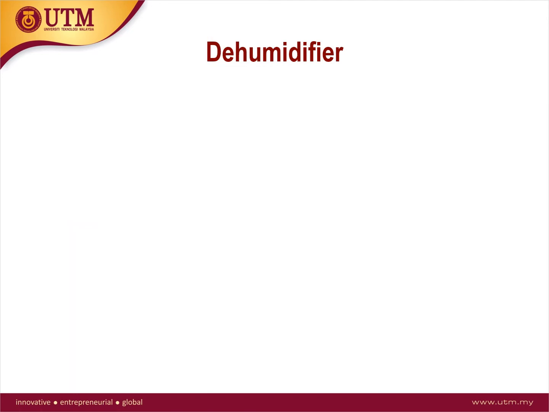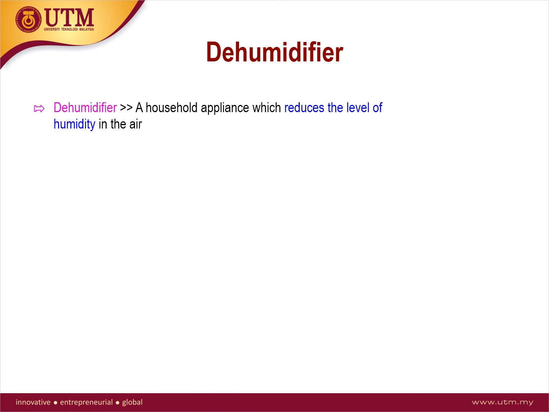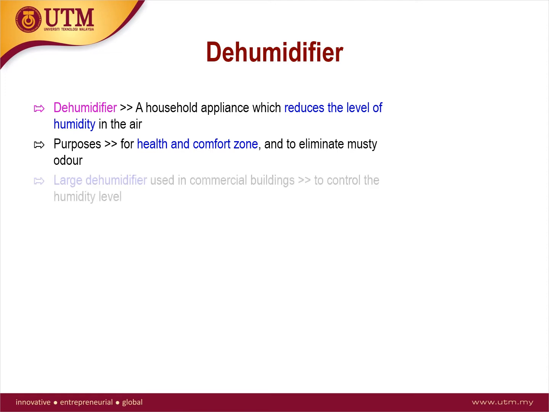A device that has an opposite function to a humidifier is called a dehumidifier. A dehumidifier is a household appliance which reduces the level of humidity in the air. The purpose of the dehumidifier is to provide health and a comfort zone to people, as well as to eliminate the musty odor in the environment.